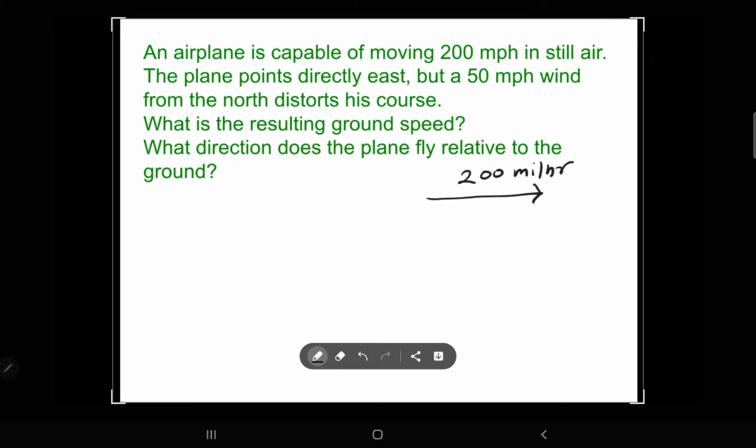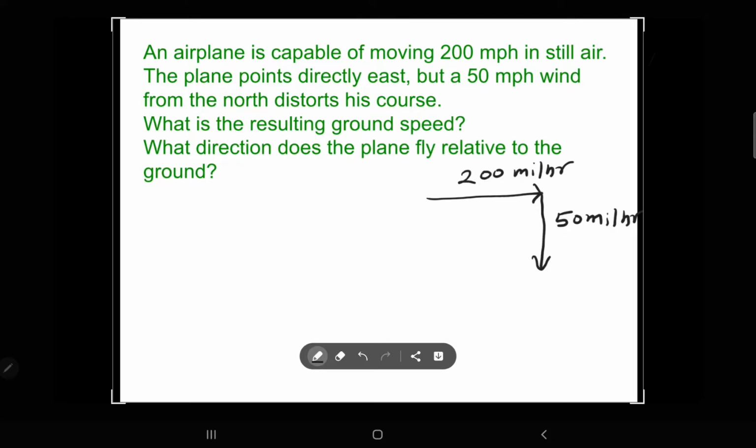The plane points directly eastward, so this is the direction of the plane, and a 50 mile per hour wind is coming from the north, so this is 50 miles per hour, right? We draw it. So these two vectors are perpendicular to each other.